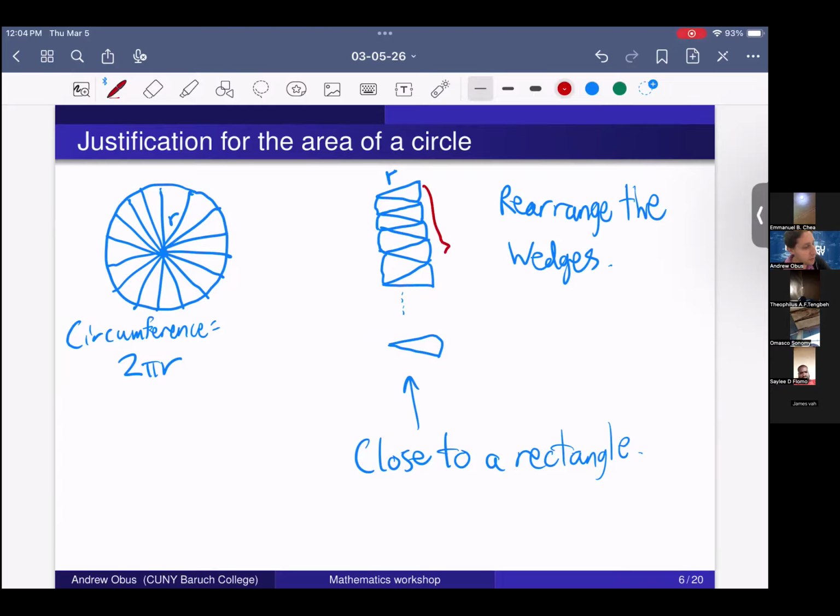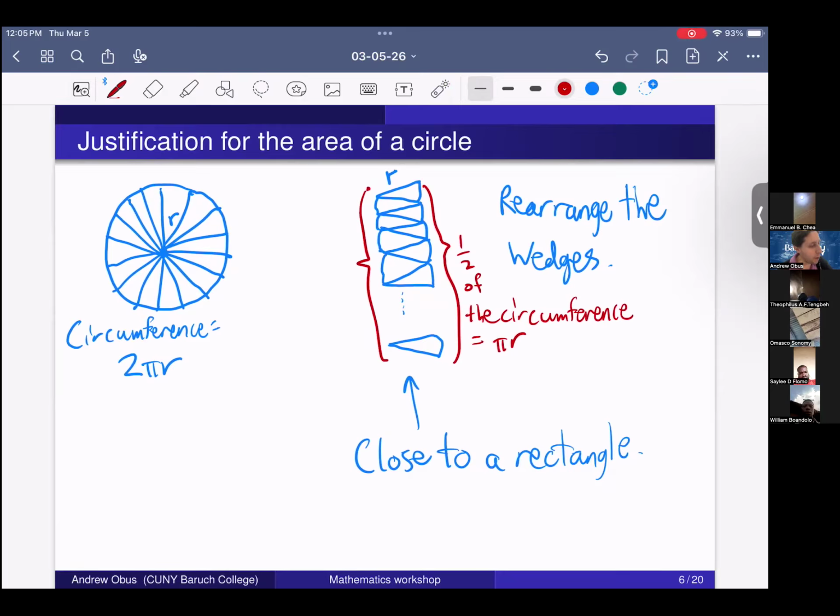So, this over here is going to be 1/2 of the circumference, or in other words, pi r. And on the other side, you also get 1/2 of the circumference. Okay.